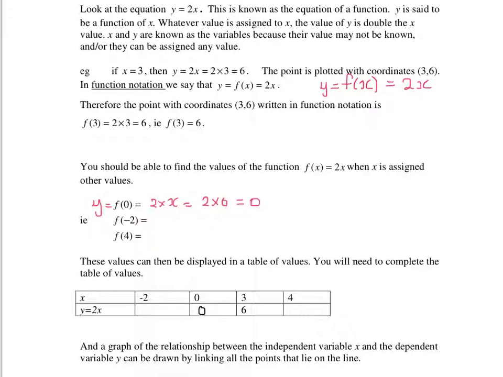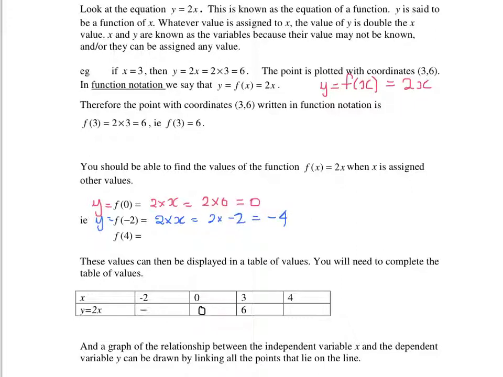When x is equal to -2, we say, what's the value of the function when x is equal to -2? That's the value of y when x is equal to -2. Again, 2 times x is the rule. 2 times -2 is -4.